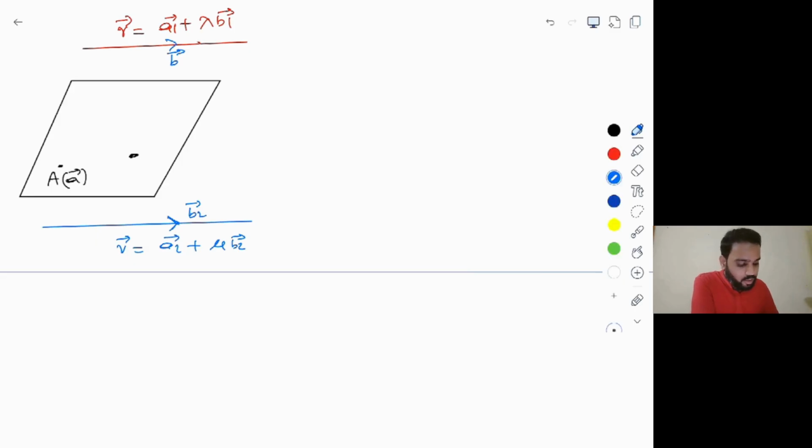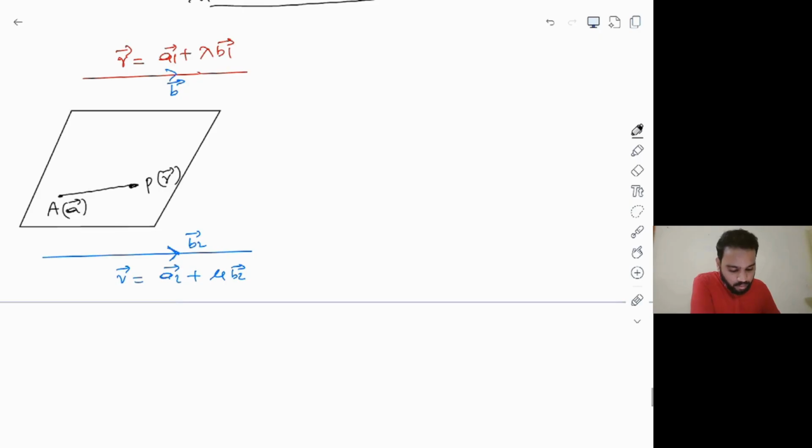Okay. And once again, finally, if I want to write down this plane equation, assume a general point P, take it as R bar, and then form the vector AP bar here. But what is the observation? AP bar is lying in this plane, whereas B1 bar and B2 bar are parallel to this plane, which makes the three vectors once again coplanar vectors. So finally, AP bar, B1 bar, B2 bar are coplanar vectors.